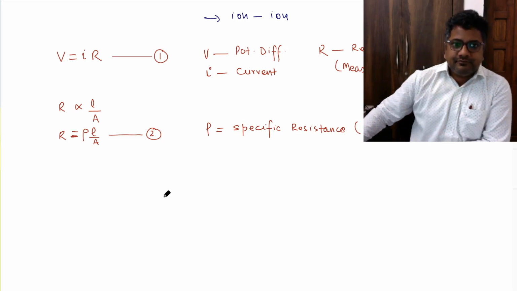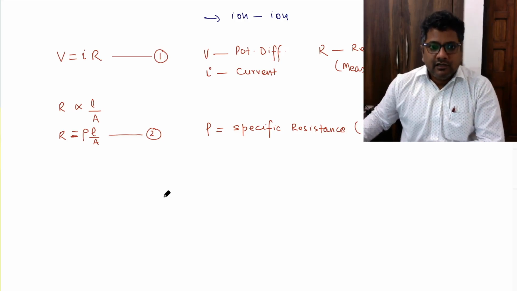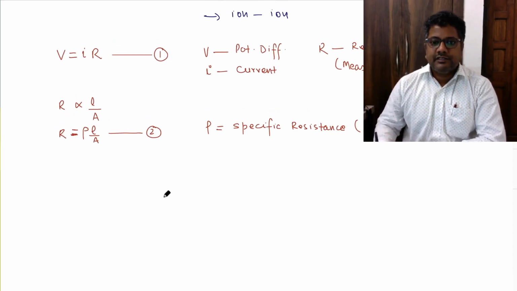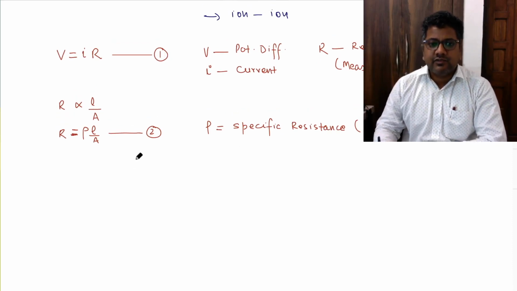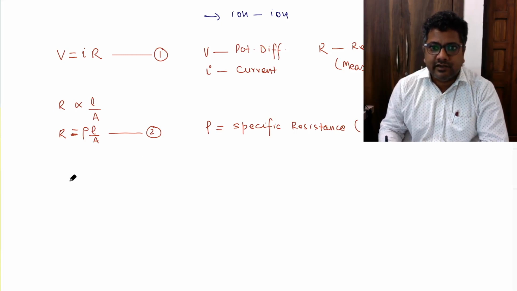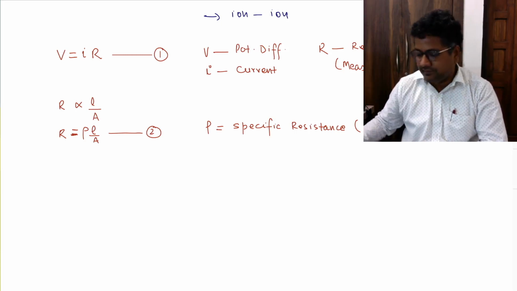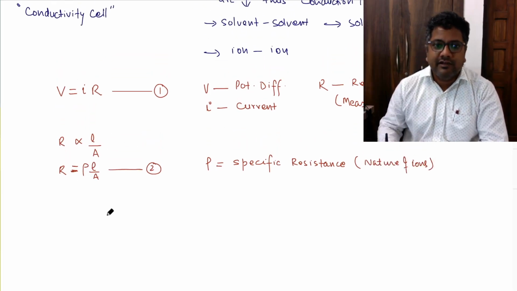Now see, this is specific resistance. To explain the conductivity, we have specific conductance.